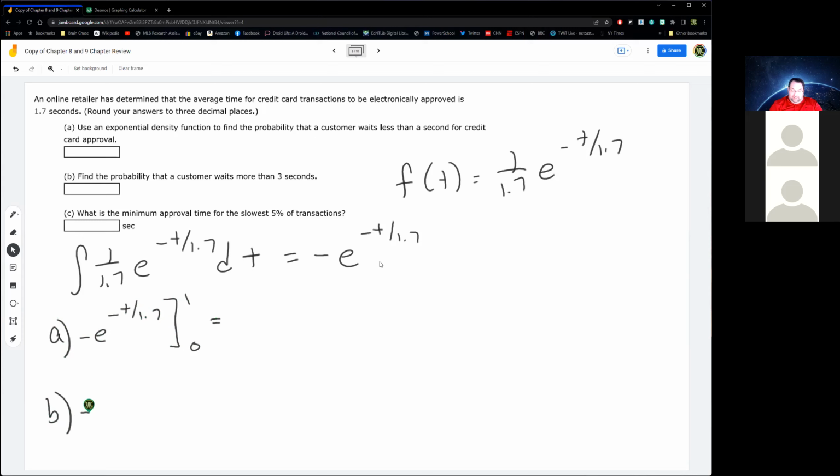B is negative e to the negative t over 1.7, and we're evaluating it from 3 to infinity. All right. Let's do those two, and then we'll look at C.